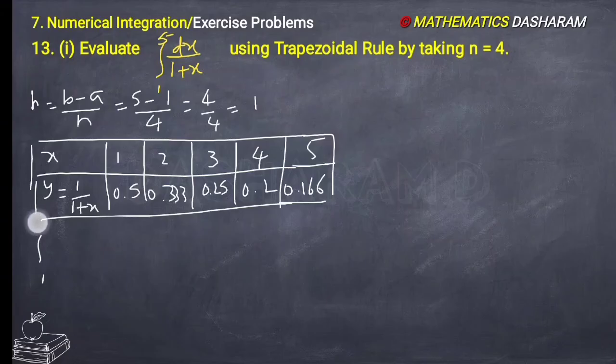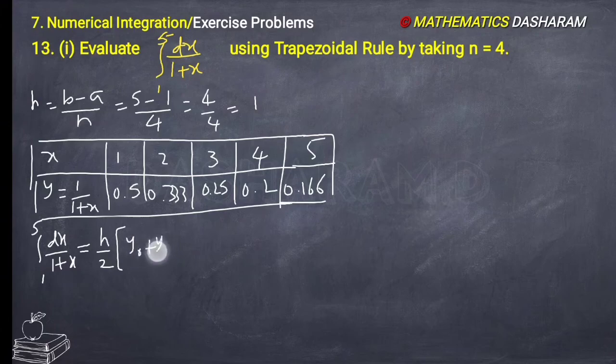So integration 1 to 5 dx divided by 1 plus x equals to the formula h by 2 bracket of sum of the first and last ordinates. First denote with y0, y1, y2, y3, next here y4.